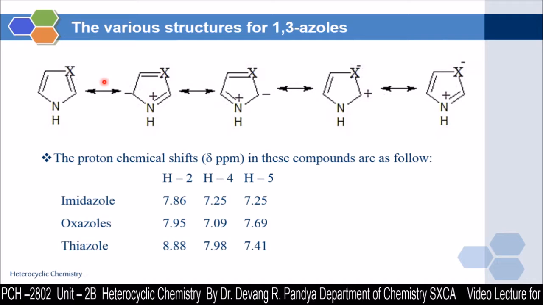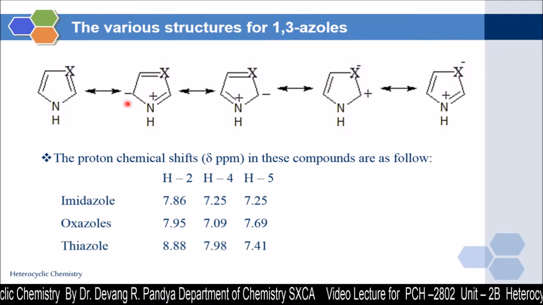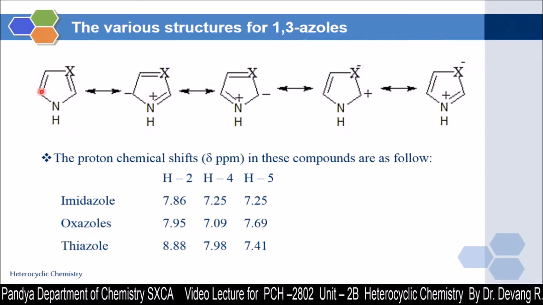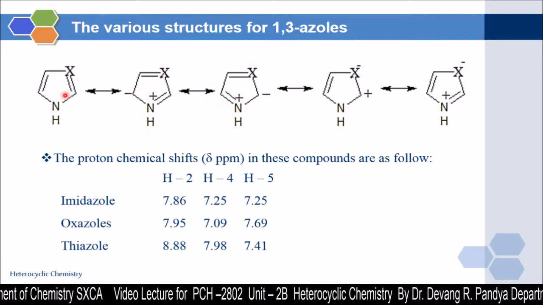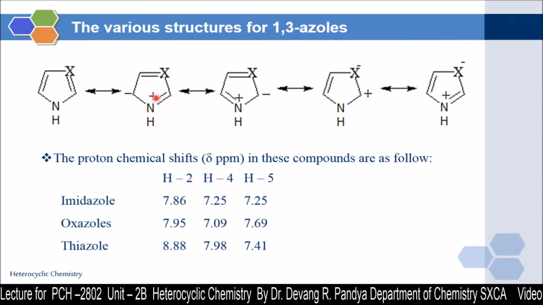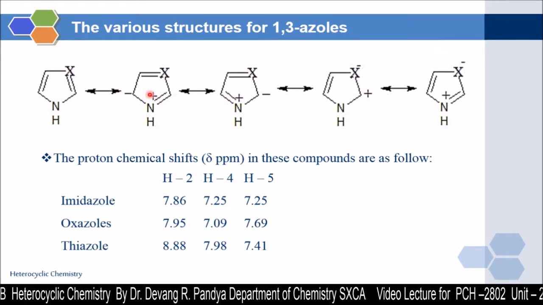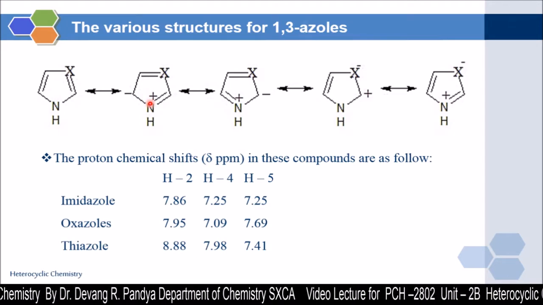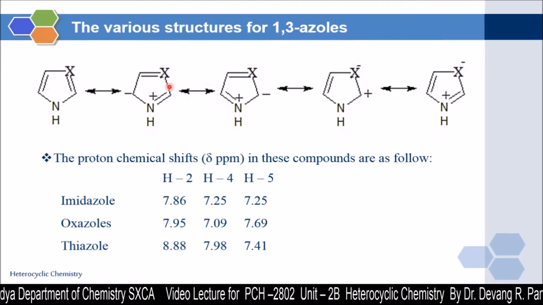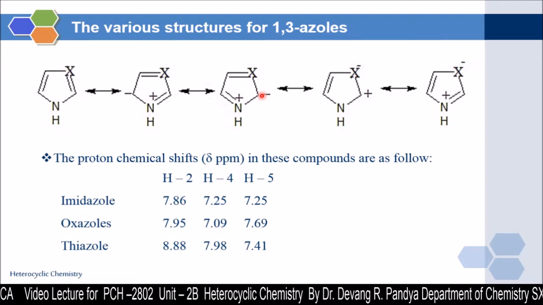Now the various structures of 1,3 azoles: you can see the resonating forms we obtain when the electron cloud shifts over here. This carbon becomes more electronegative, and a positive charge generates on the nitrogen over here. That positive charge is satisfied by this electron cloud, so the positive charge is now shifted on the nitrogen itself, and this pi electron cloud shifts over here, and a negative charge generates on this carbon.